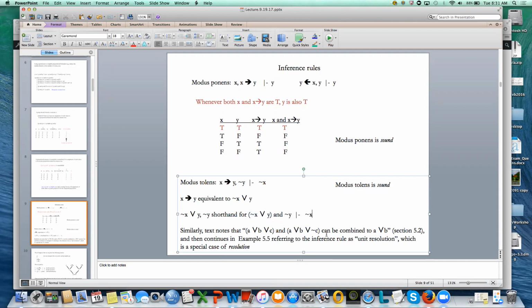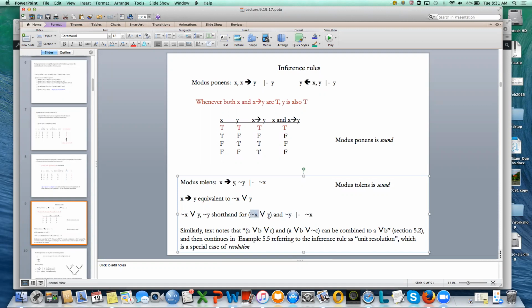The book briefly talks about something we're going to elaborate on at the end of this lecture called resolution. And you'll notice that if we are told that not X or Y and not Y are both true, both of these are true statements, that means that not X must be true.